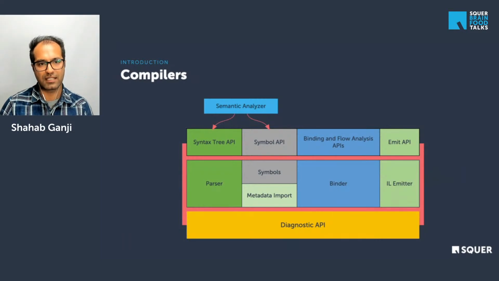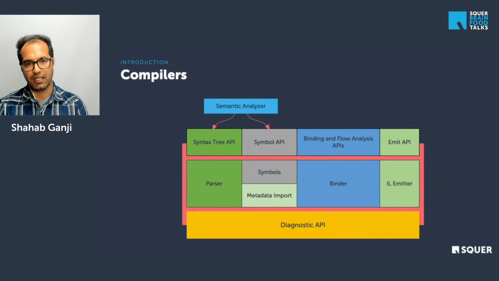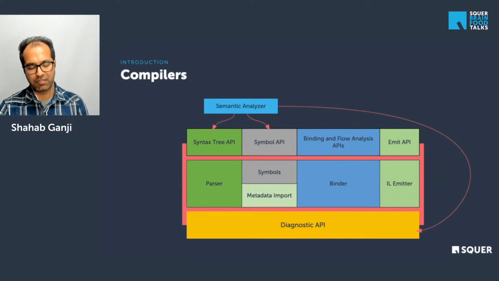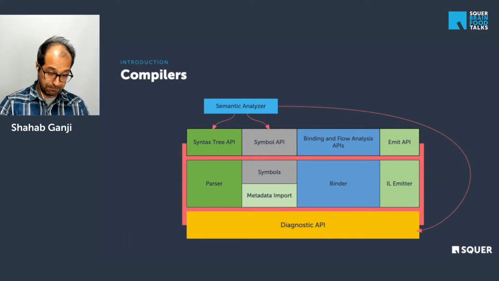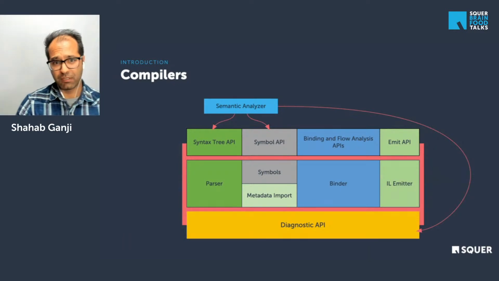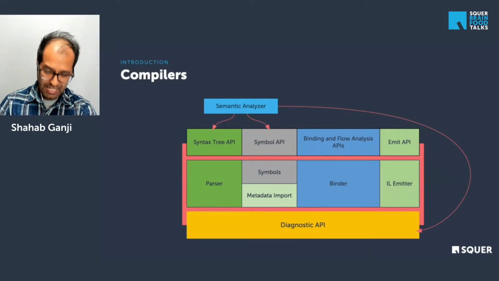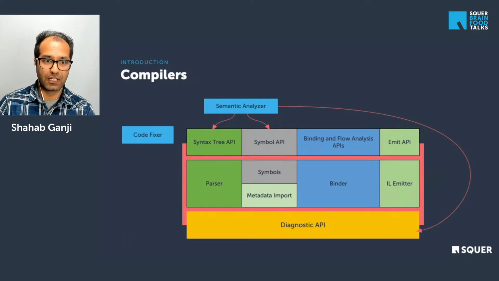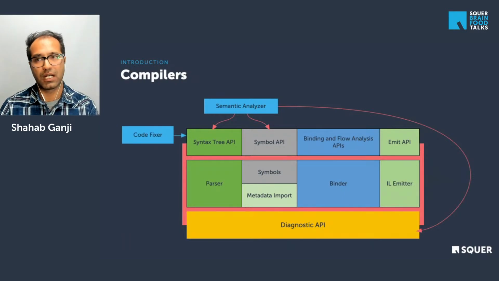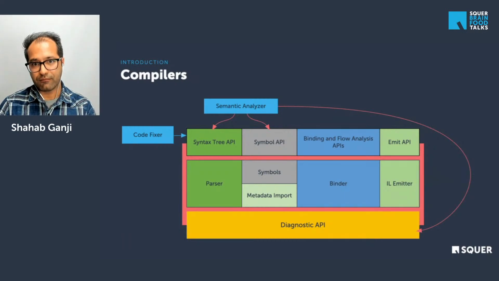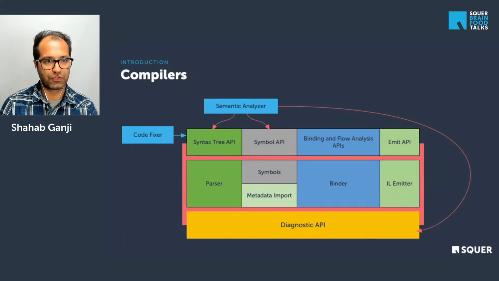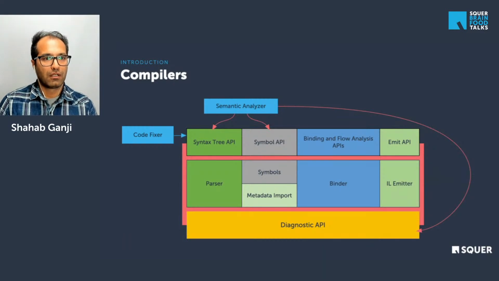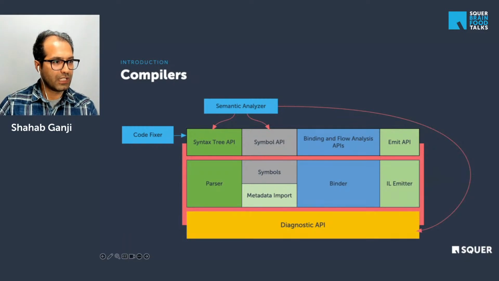For the semantic analyzer, we used the syntax tree API, the symbol API, and the diagnostic API to report back to the compiler the diagnostics that we have detected. For the code fixer, we used the syntax tree API and manipulated that one. These were the features that we used. Okay, cool.